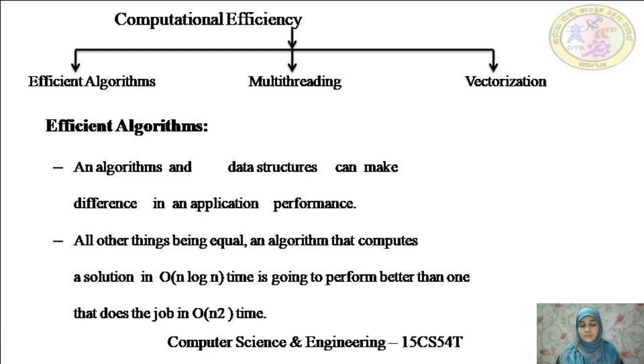It is clear from computer science theory that the choice of algorithm and data structure can make a vast difference in an application's performance. So whenever you are going to choose an algorithm for your application, you need to know the performance as well as the time consumption and the energy saving techniques.